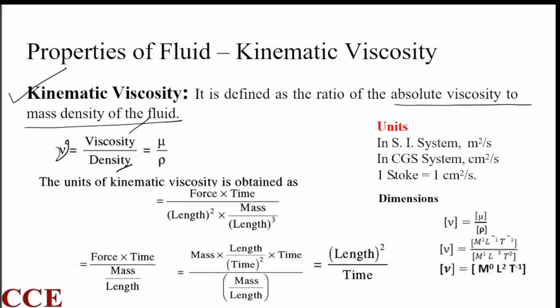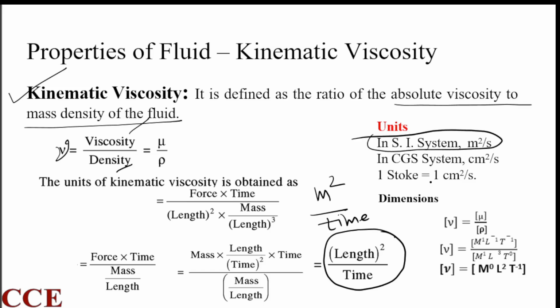What will be the unit? We have length square per time, so in SI system the unit is meter square per second. The dimensions are very simple. Nu is equal to M to the power 0, L to the power 2, and T to the power minus 1.